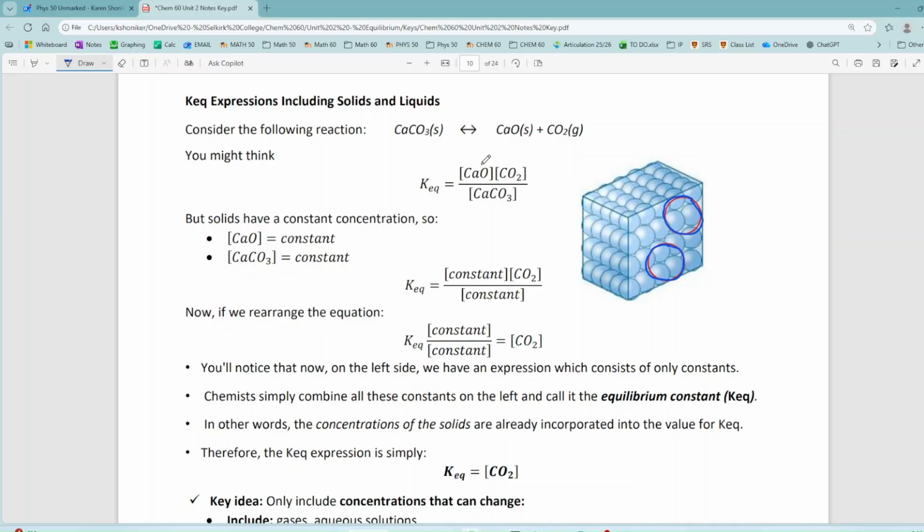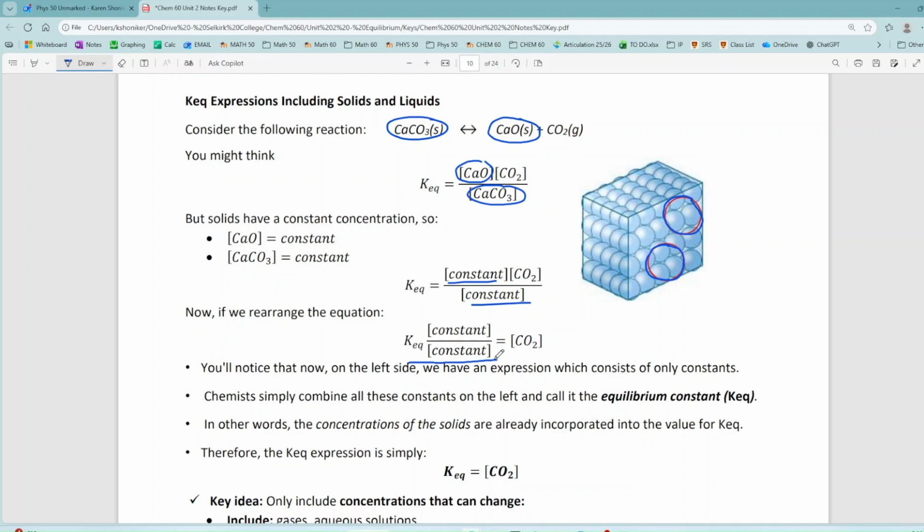So if we think about that, the two parts of this reaction that were solids actually can't change in concentration. So this calcium oxide and the calcium carbonate are actually constant concentrations. If you think about the definition of this being a constant of equilibrium, those two things belong on the constant side of the equation.